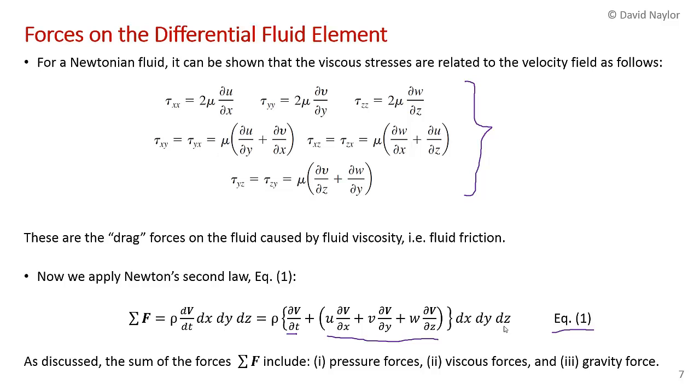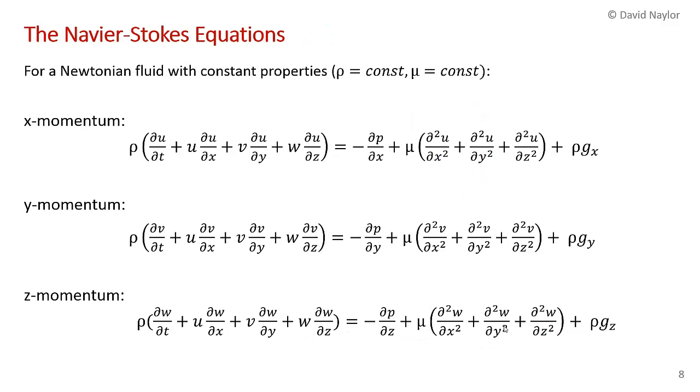As we've just discussed, the sum of the forces has three types of forces: pressure forces, viscous forces, and the gravity force, which is a body force. So we apply the forces that we just derived to this equation, and we do it in a vector sense. We do it in the x and the y and the z direction. I've done this in a graduate course. It takes several pages, and the result is the famous Navier-Stokes equations.